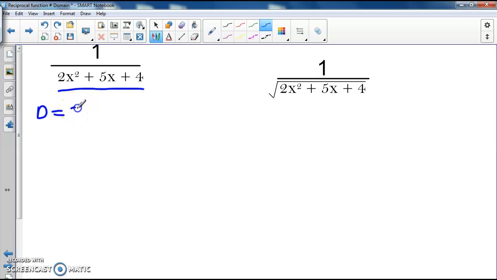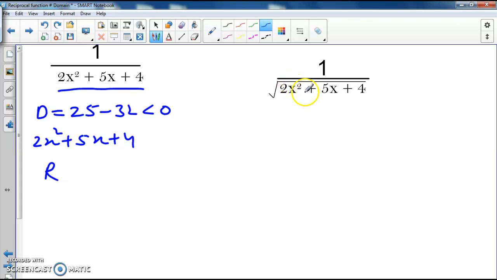It is 25 minus 4ac, which is 32, less than 0. As the discriminant is less than 0, therefore 2x square plus 5x plus 4 has no real zeros. So the domain of 1 upon 2x square plus 5x plus 4 is all real numbers.